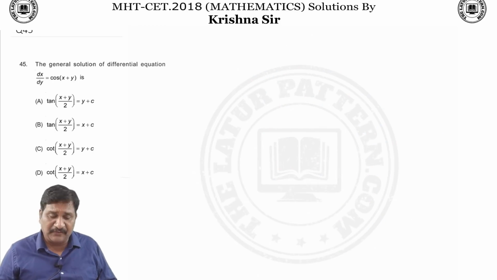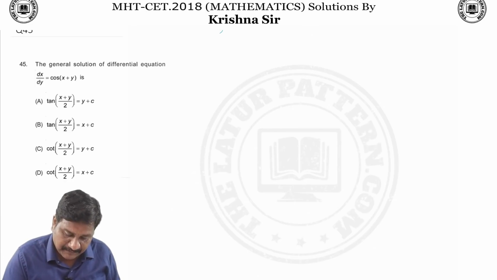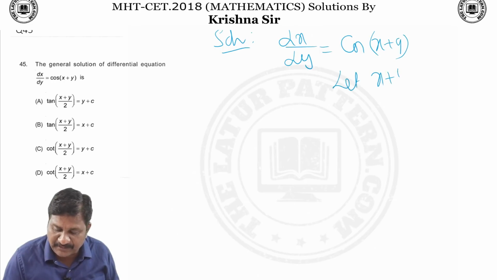The solution of question number 45. The given differential equation dx by dy is equal to cos of x plus y. Now let x plus y is equal to t. Now differentiate with respect to y. dx by dy, derivative of y is 1, dt by dy.